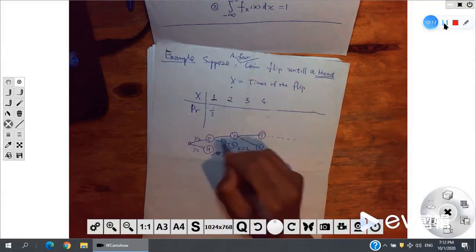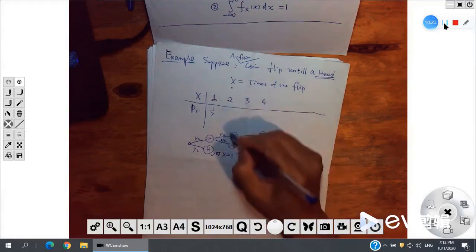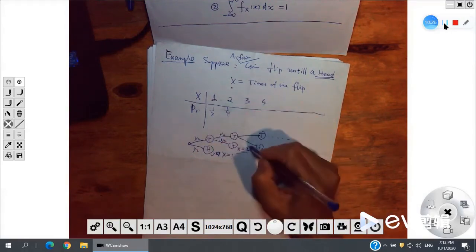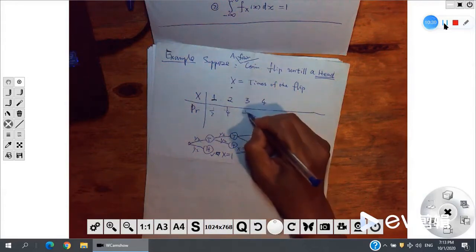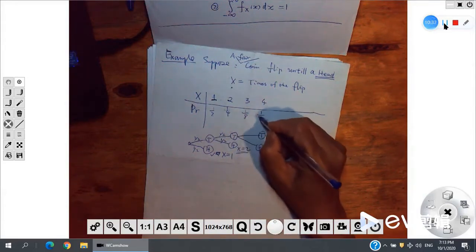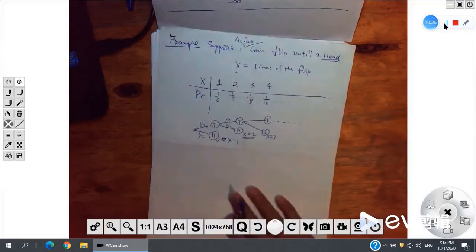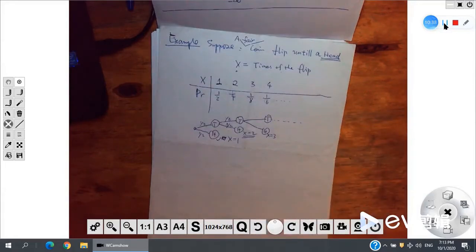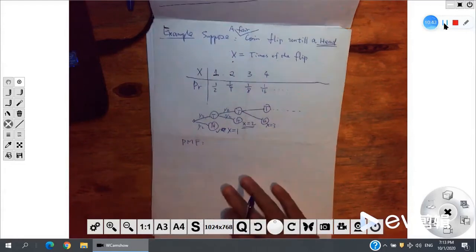Then the probability, like X is 2, what is the probability? It's half and half, right? Here's also half and half, right? Okay, so this is 1/4. And then here will be another half and half, so it's 1/8. Okay, 1/16, and so on. So we have the probability looking like this. Then we can write the PMF. What's the PMF?